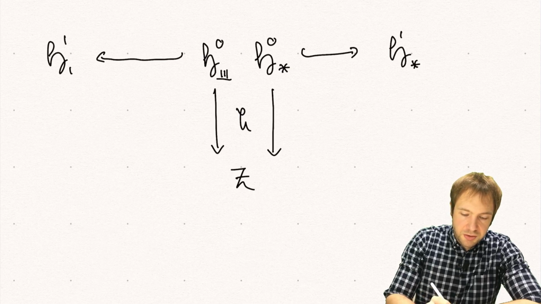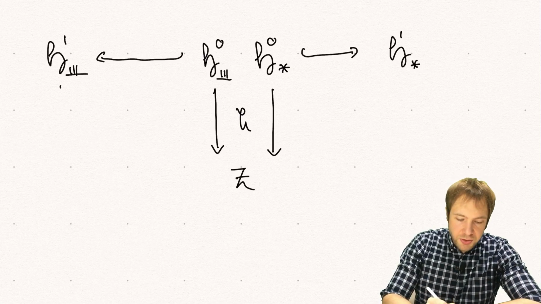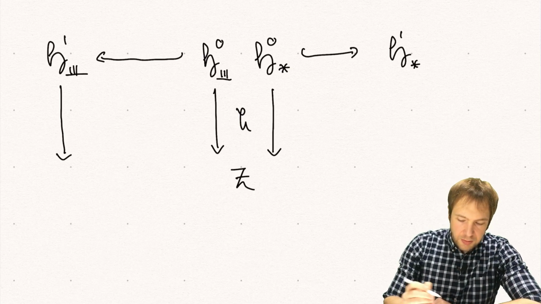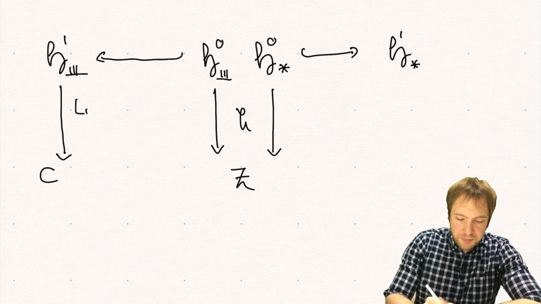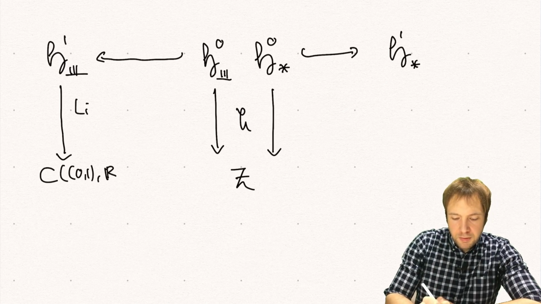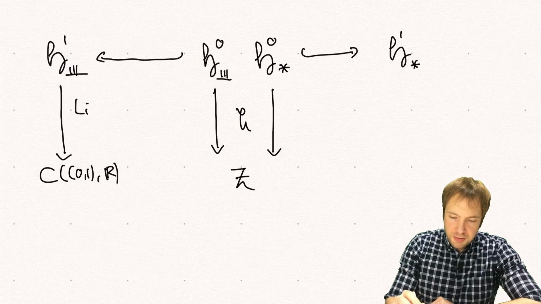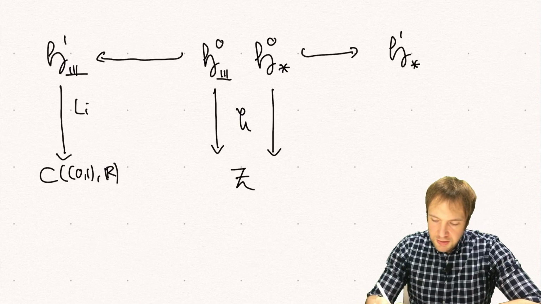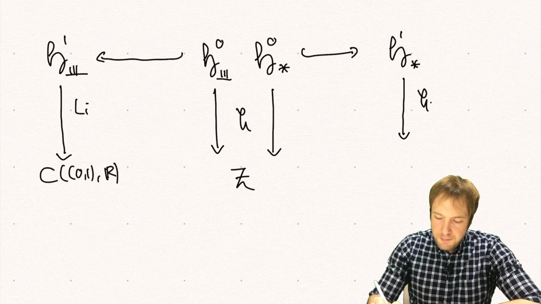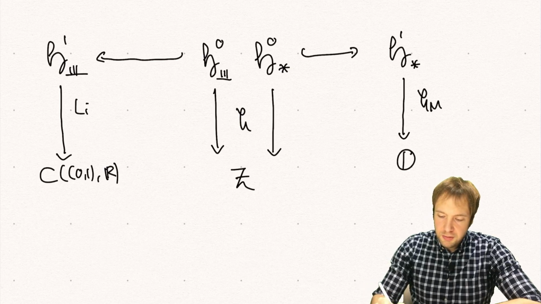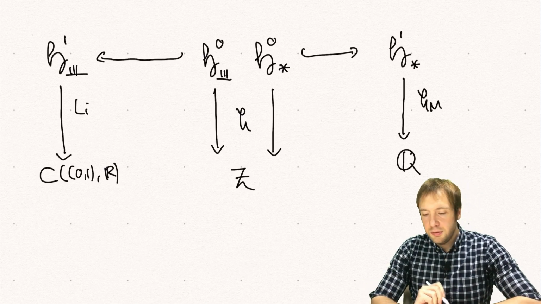H1 shuffle. And on H1 shuffle, we also had this polylogarithm, which was a map to the continuous functions on (0, 1). And here we had the zeta_m map for all m's to the rational numbers.